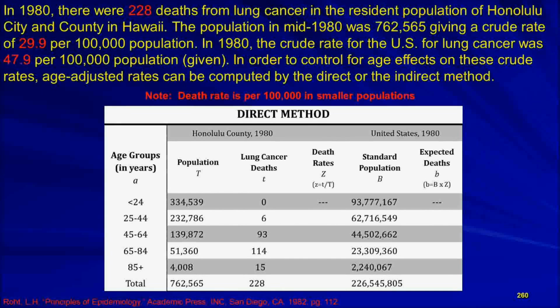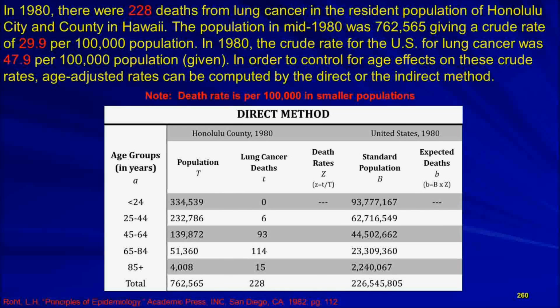It says in 1980, and it could be 2000, it could be 2010, there were 228 deaths from lung cancer in the resident population of Honolulu City and County in Hawaii. The population in the mid-80s was 762,565 individuals, giving a crude death rate of 29 per 100,000 population.